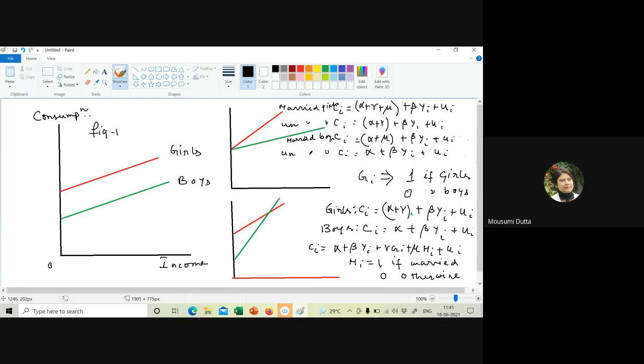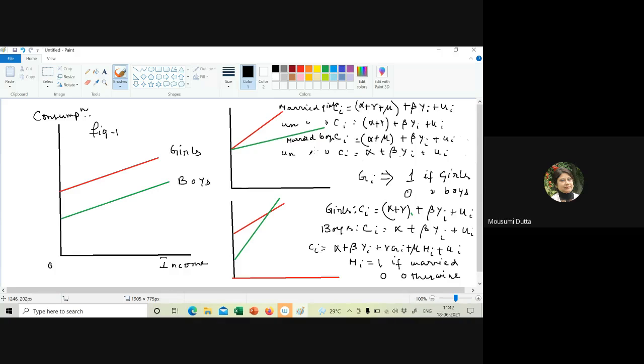However, in the time of software, we do not have that much time to write 100 equations and then draw the things and then understand the matters. So we have to be very careful about this, and rationally we have to put the matters in a single equation so that we can incorporate all these dummies and all these concepts. So that much only we will learn. The background is this for the intercept dummy.